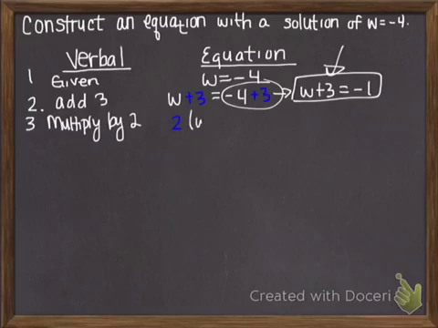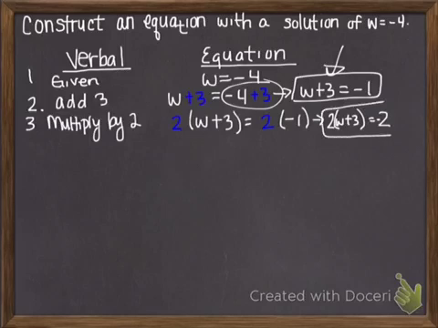So I'm going to have 2 times the sum w plus 3 equals 2 times -1, which is going to leave me with 2 times w plus 3 in parentheses, and that's now going to equal -2. So that's my new equation, but I said I wanted it to take 3 steps to solve it. So I had the given, and then adding 3 was my first step, multiplying by 2 is my second step. Let's get one more step in here.